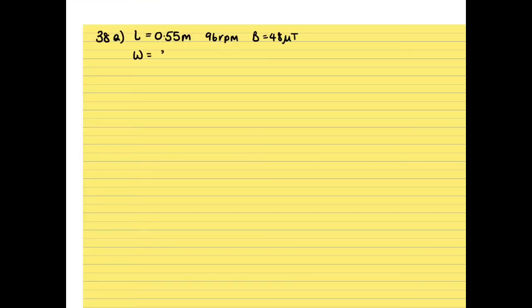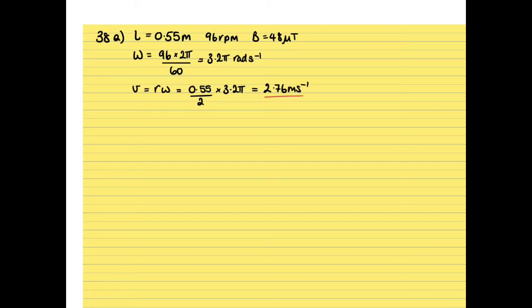Question 38 is a good example of where we don't have a metal rod moving perpendicular to the field at all times because it's circular, so we have to consider the average. So we need to know our velocity initially at the tip, but then we take half of it to find the velocity halfway along the radius of the blade, and we use that average velocity to apply to our equations.